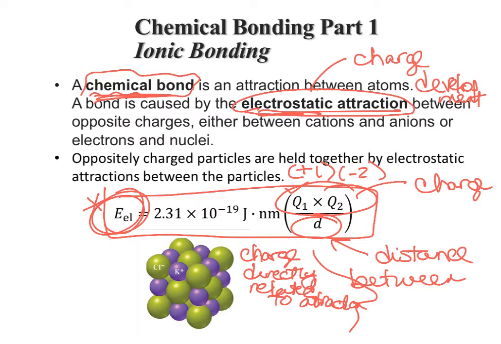On the other hand, distance is inversely related, okay? Distance between atoms is inversely related to attraction. That makes sense, right? So the farther two atoms are from each other, the less attraction they're going to feel. And we'll talk about the factors that would increase or decrease this distance D.